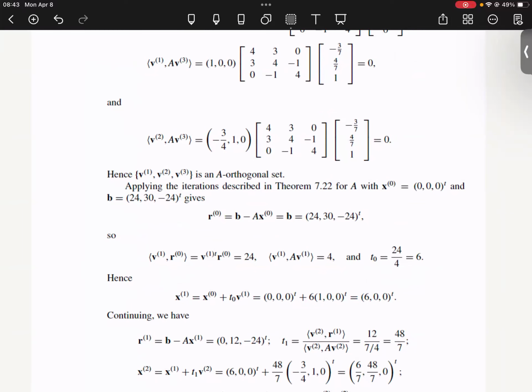So if we follow that algorithm 7.32, you will see the first things we are going to do. Let me just write down those values again, to see what we have here. So this is the residue, and then v_k, and then A v_k. And x_k is just x_{k-1} plus t_k v_k.